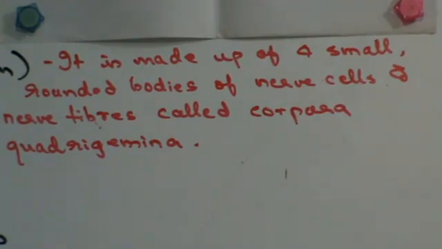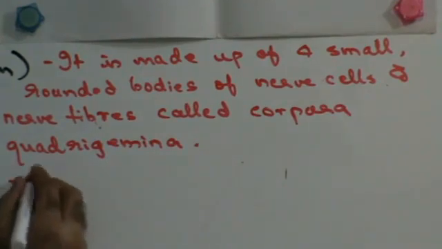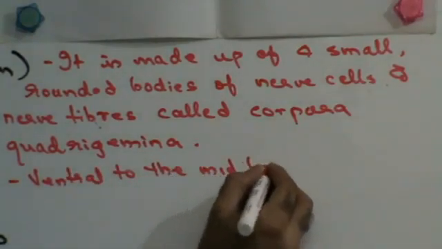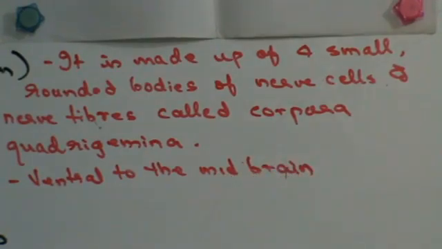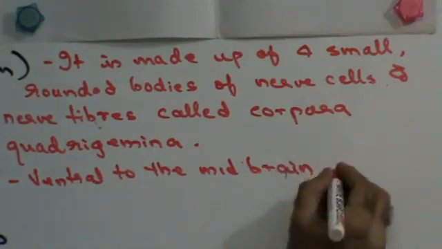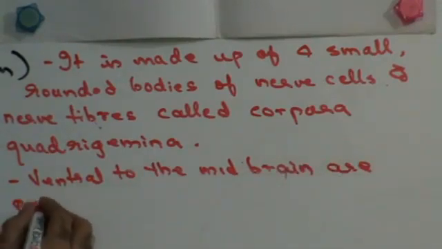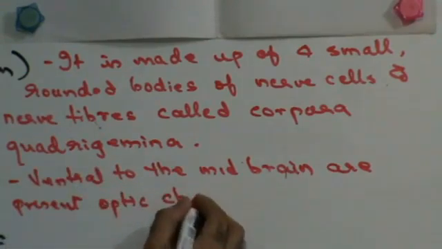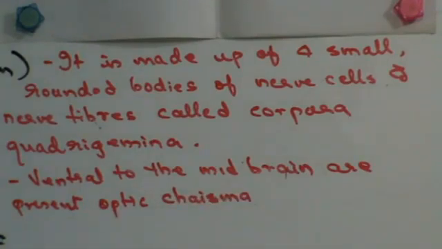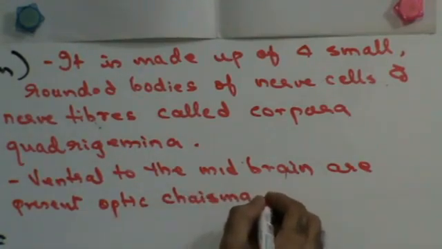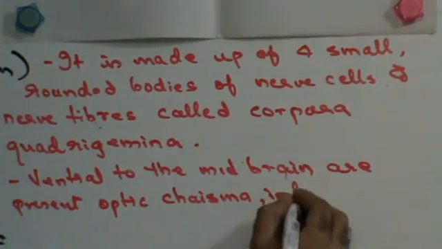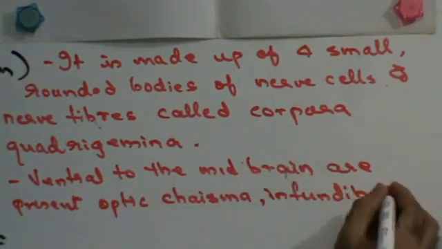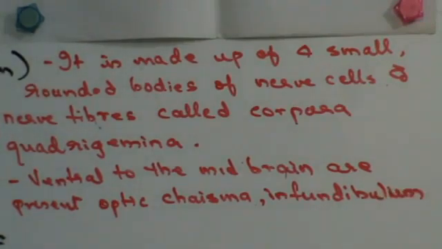Ventral to the midbrain are present the optic chiasma, then the infundibulum, and the pituitary gland.